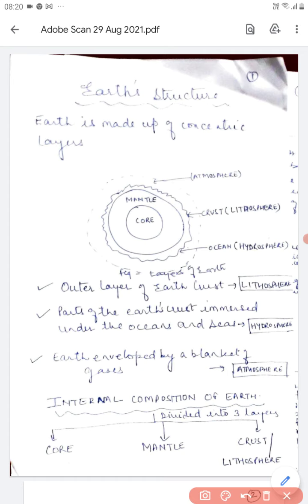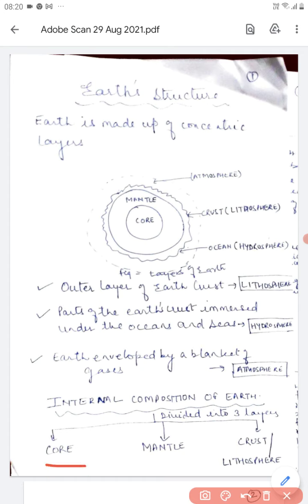The innermost part of the earth is called the core, and outside the core is the mantle. So earth is divided into three parts, or you can say the internal composition of the earth is into three layers.